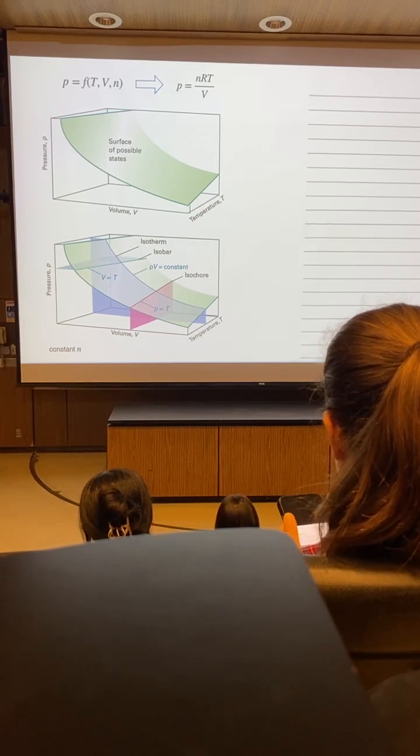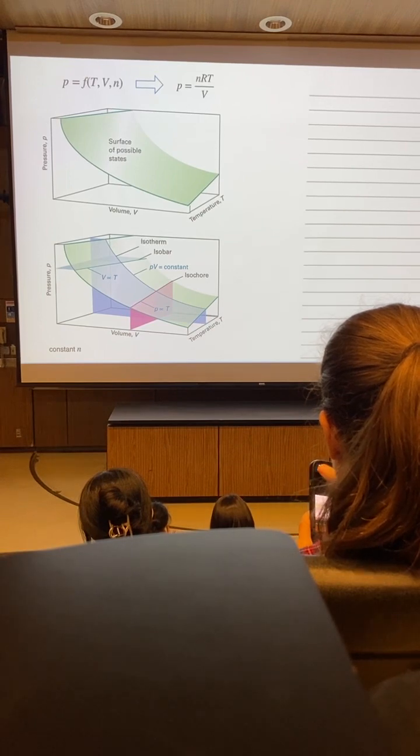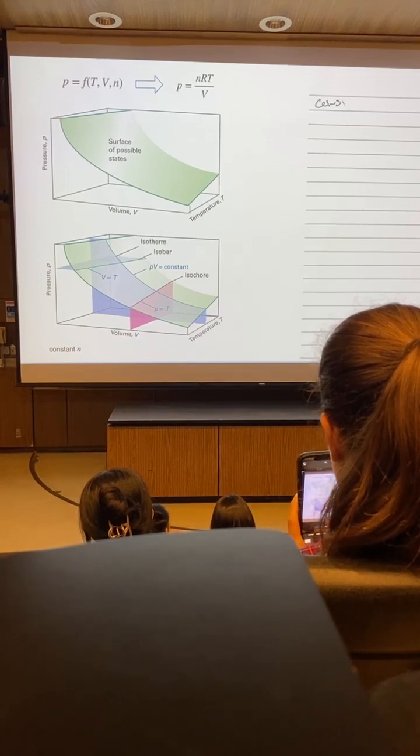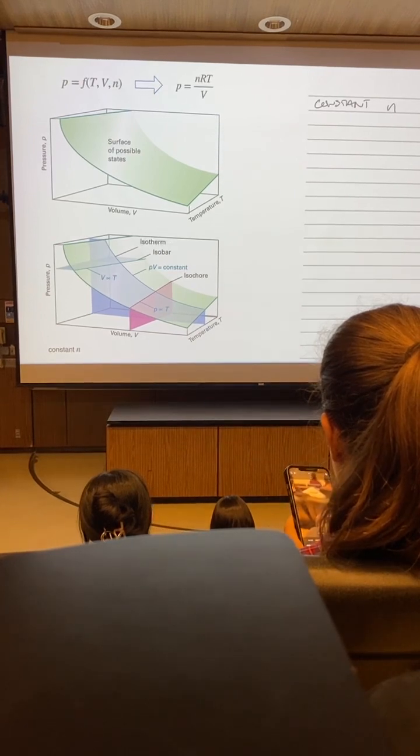If we fix the amount of substance that we have present, we're not going to change the amount of gas, so we'll stick with a constant n, constant amount of substance.